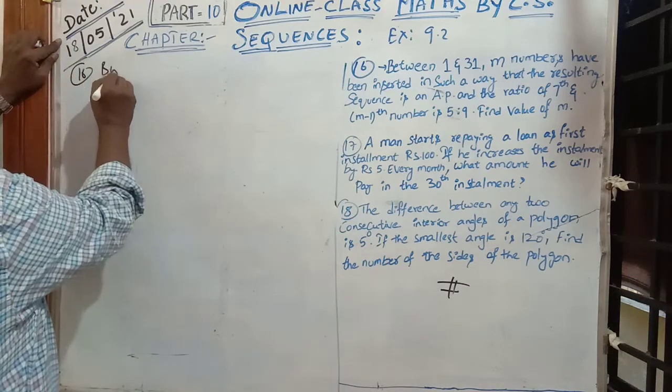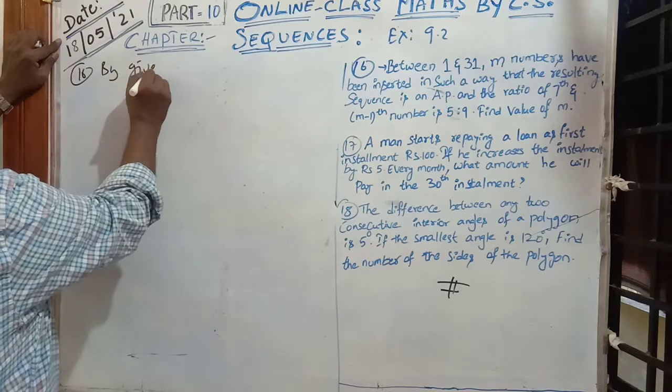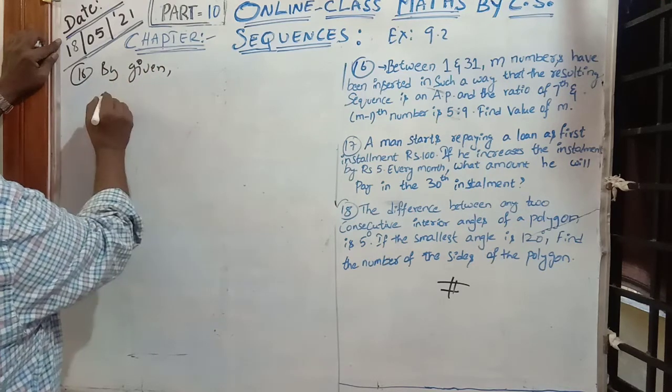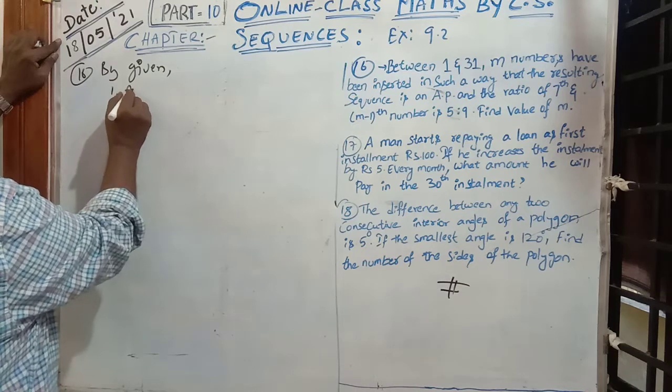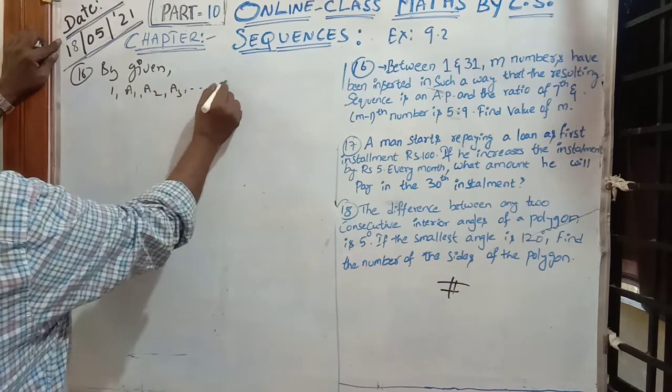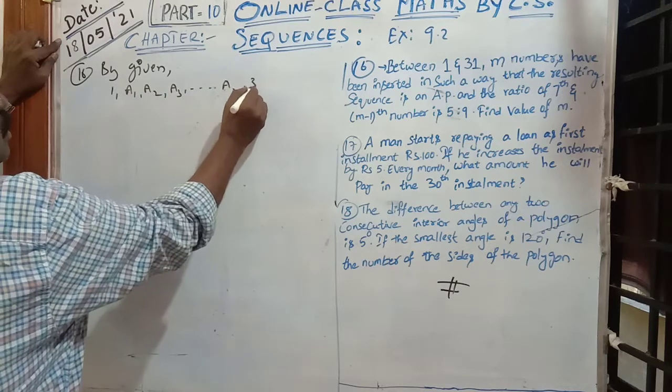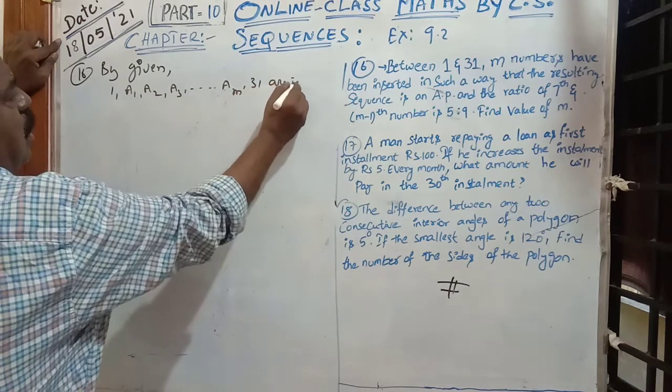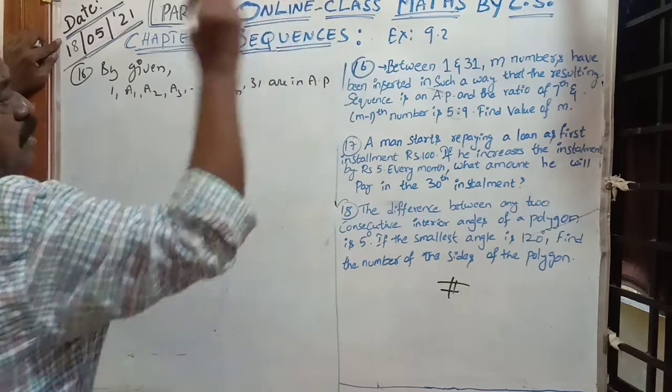By given, 1, A1, A2, A3, ..., Am, 31 are in AP. That is the meaning.